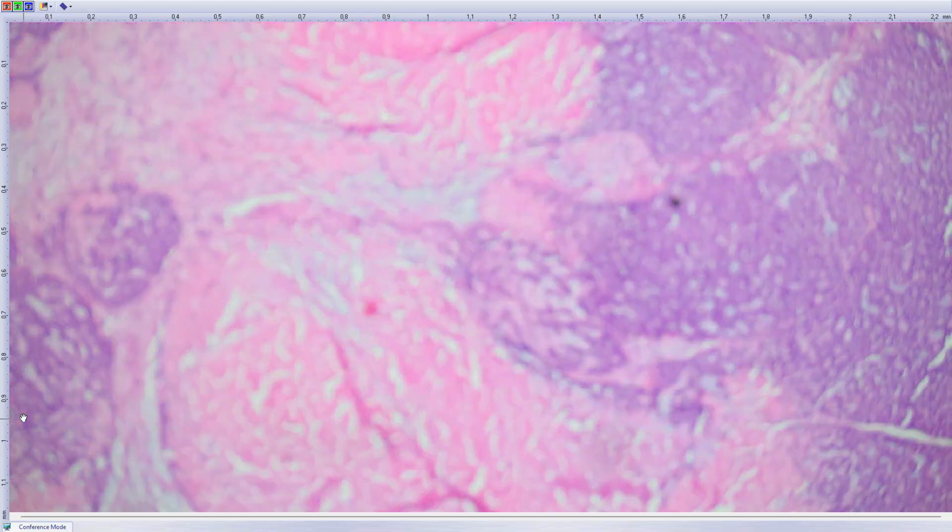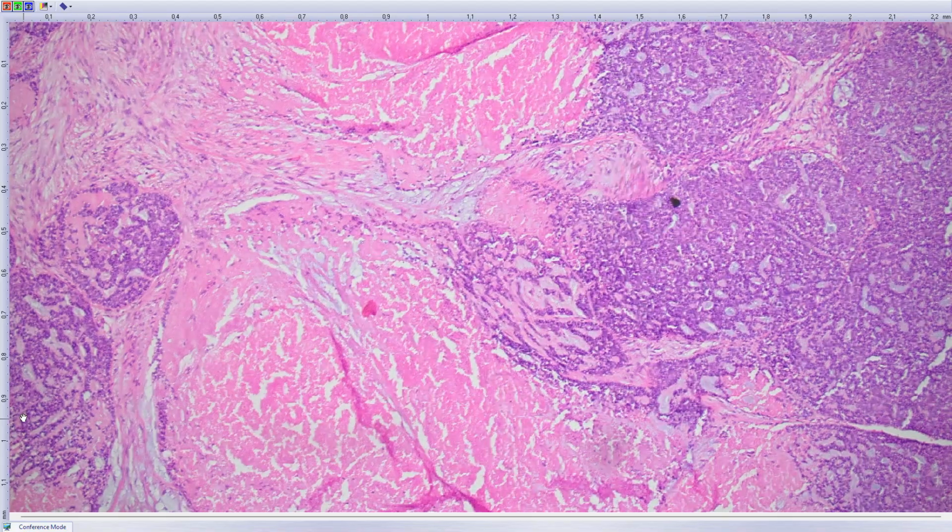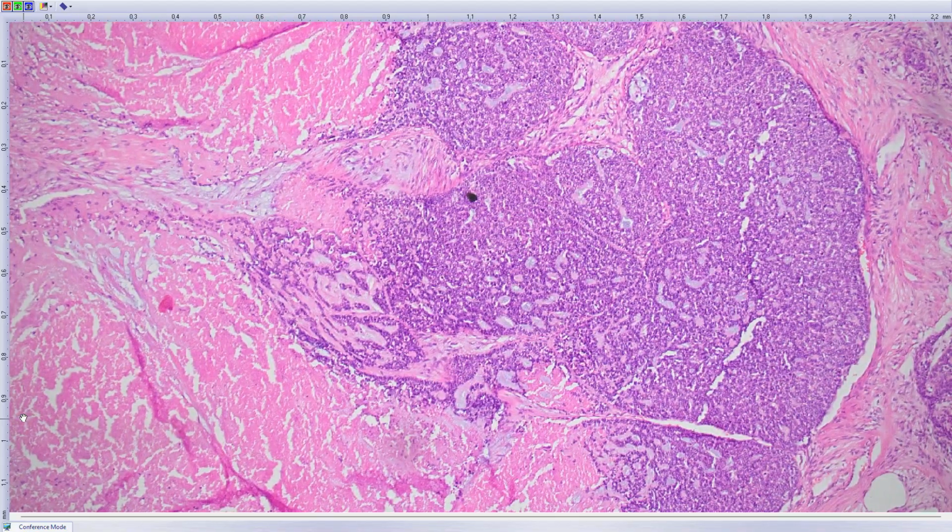Again, you can appreciate this. What was HPV? Very good question. Definitely it was P16 positive, and we also received HPV typing, and it's positive for HPV 16, not higher numbers.